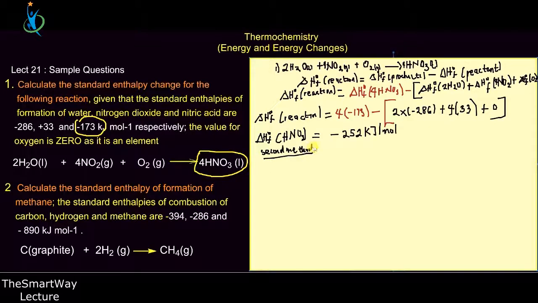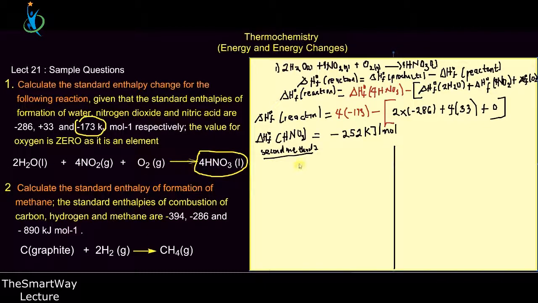In the second method, we all know that we have to use what we call the thermochemical laws. And so we have nitric acid that is formed from adding this and this and this. We add liquid water plus gaseous nitrogen dioxide and gaseous oxygen. We added it and then we got this one.